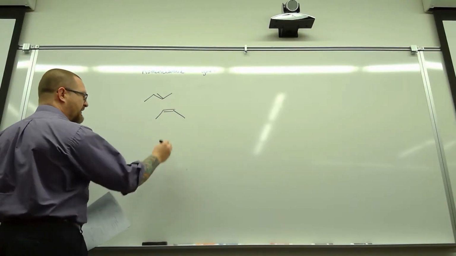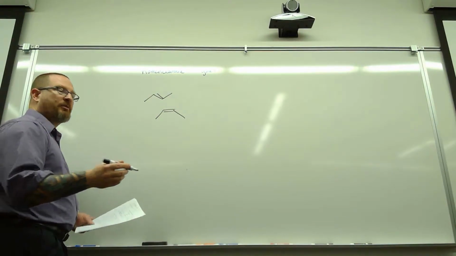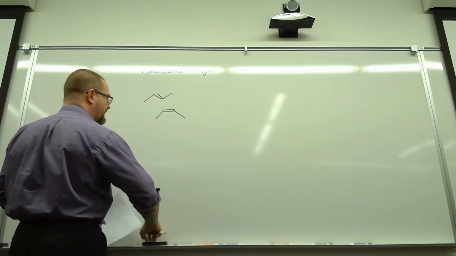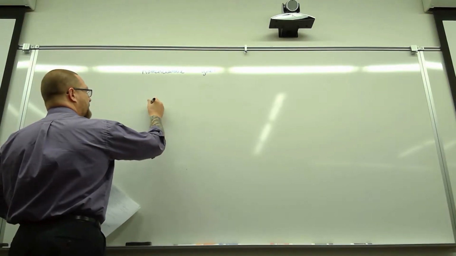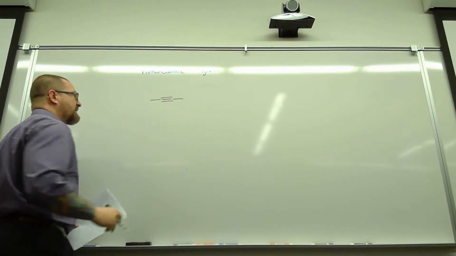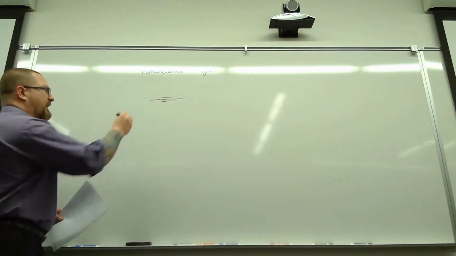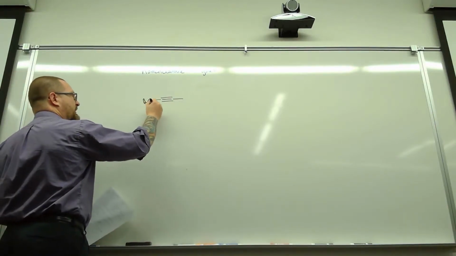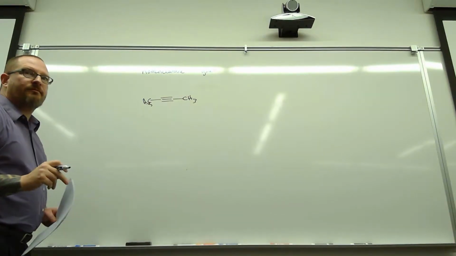Well, alkynes are linear. The triple bond is a 180-degree bond, and it's sp hybridized. So to do that, what you end up having to do is something like this. This would be a dimethyl. So you'd have literally methyl on both sides of the alkyne.